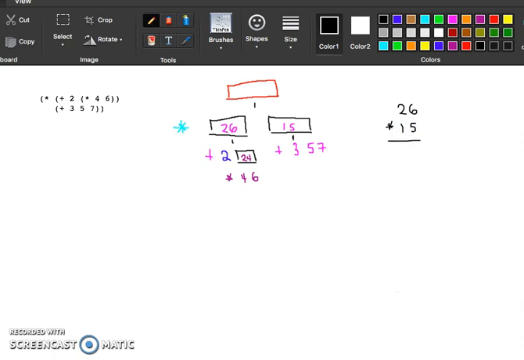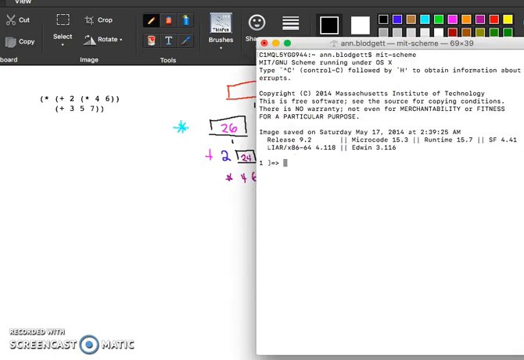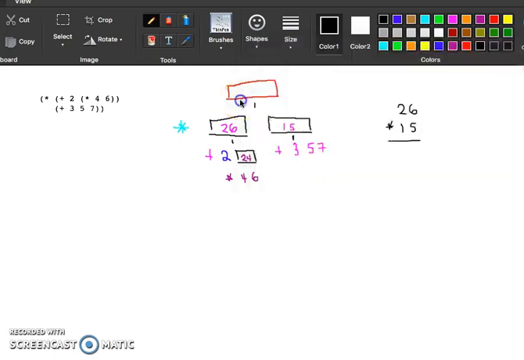You know what, let's let this guy do it. So, multiply 26 and 15. Better make sure we go back and put a space, otherwise it won't work. And we get 390, which is going to go in our top slot here. Okay, so 390 should be what we get.